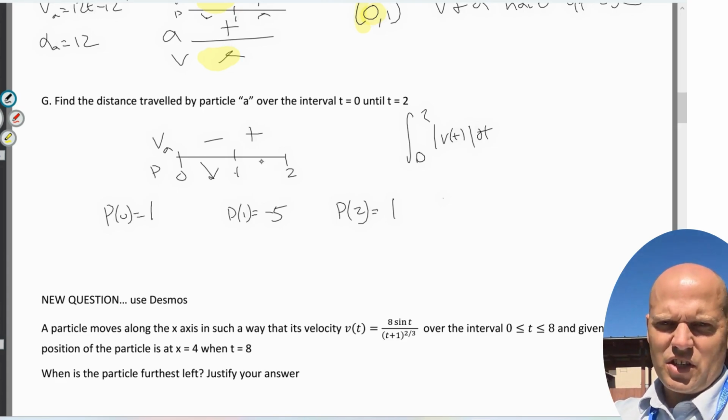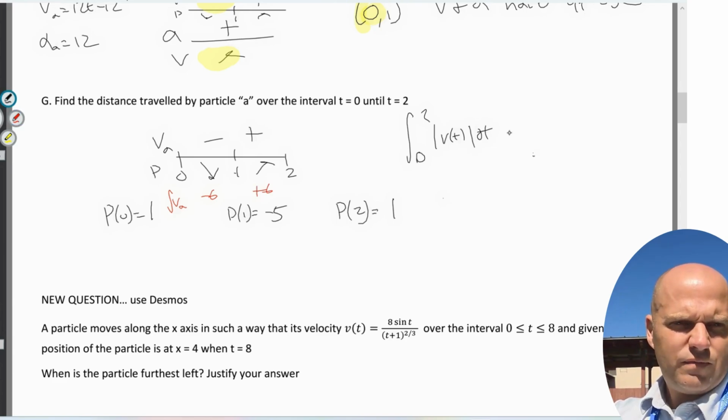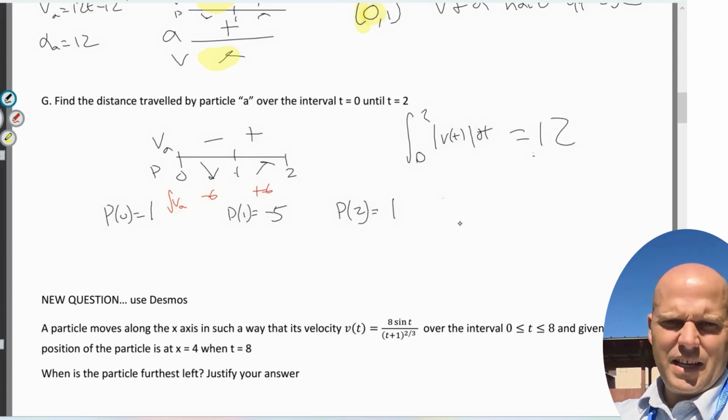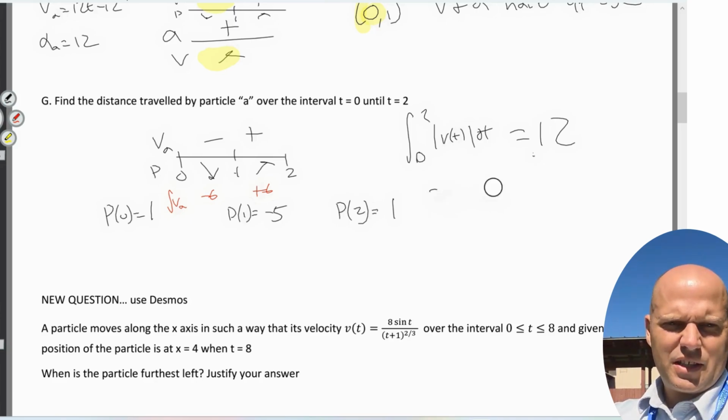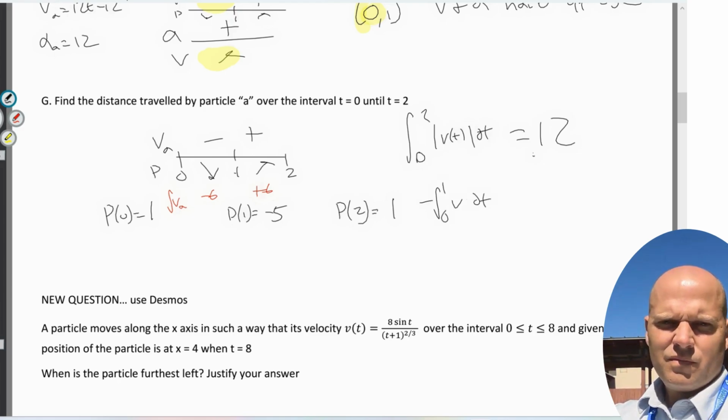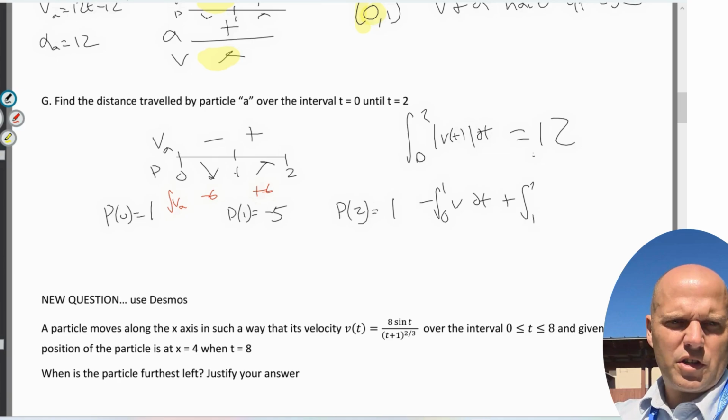My position decreases, then my position increases. How much does it decrease? If you accumulated your velocity, it would decrease 6. How much would it increase? It would increase 6. The distance is 12. I did the absolute value of P of 1 minus P of 0, or I took the opposite of my integral from 0 to 1, then I added my integral from 1 to 2.